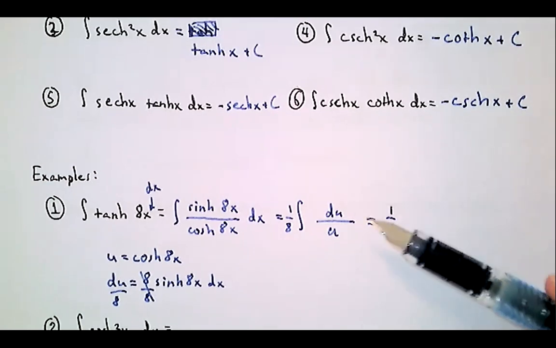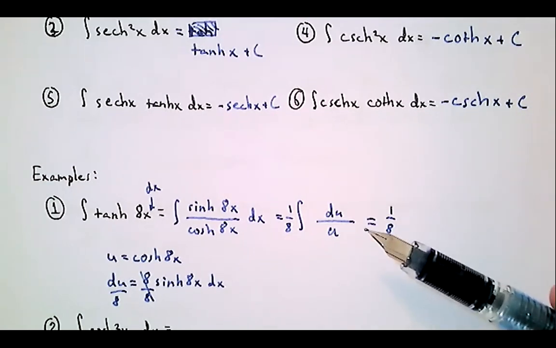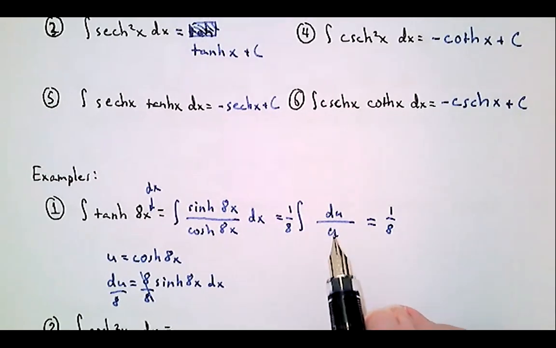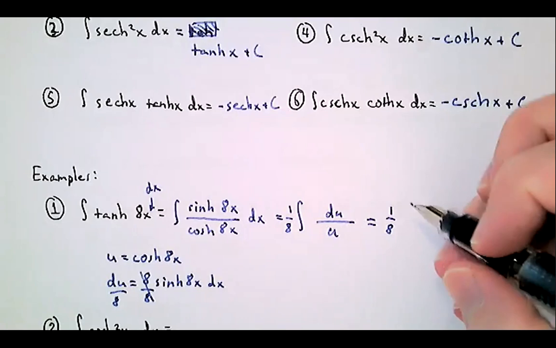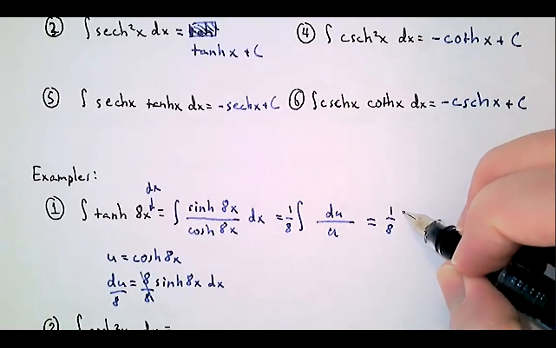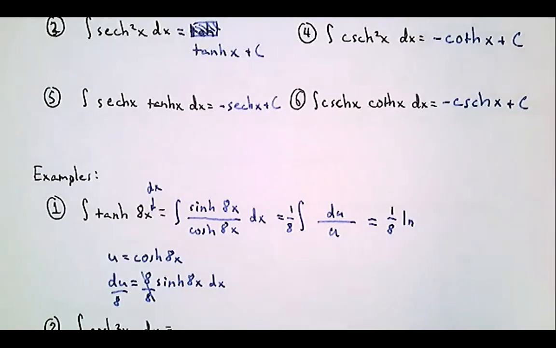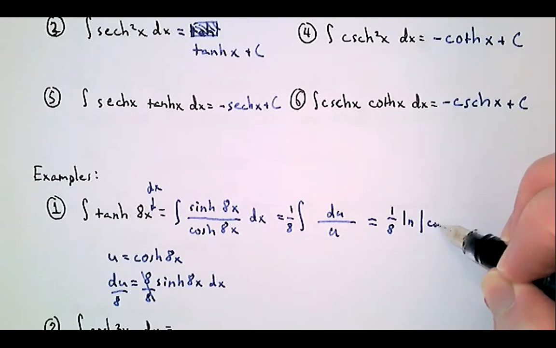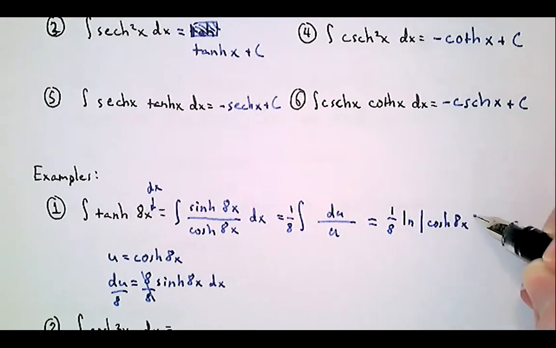Okay, so make sure you remember all of these rules from earlier in the semester because we're still going to be using them. Du over u, when you take its integral, becomes a logarithm, a natural logarithm. And I'm going to go ahead and write the u as hyperbolic cosine of 8x plus c.